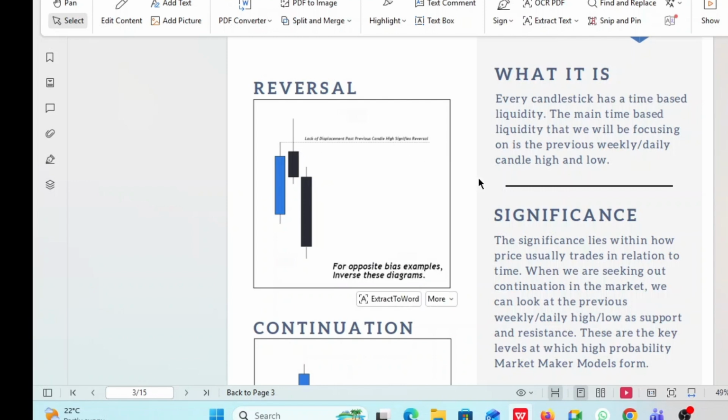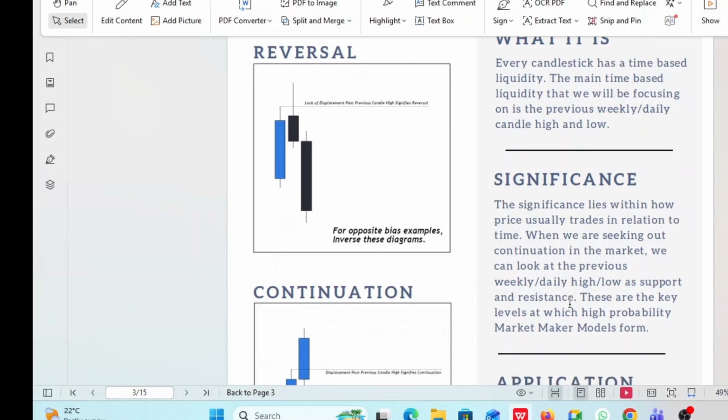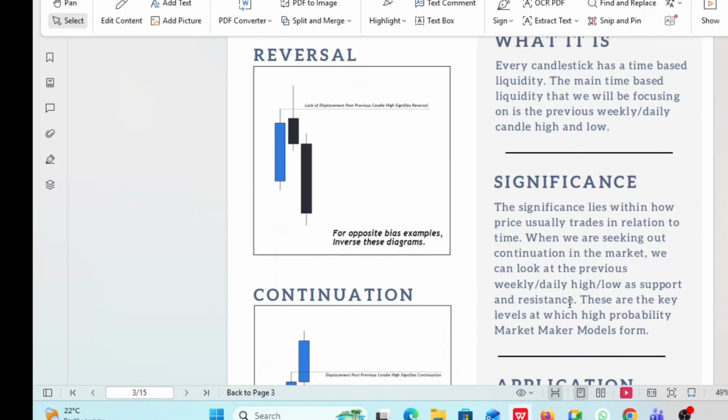So the significance lies within how the price usually trades in relation to time. When we are seeking out continuation in the market, we can look at the previous weekly, daily high and low as support and resistance.